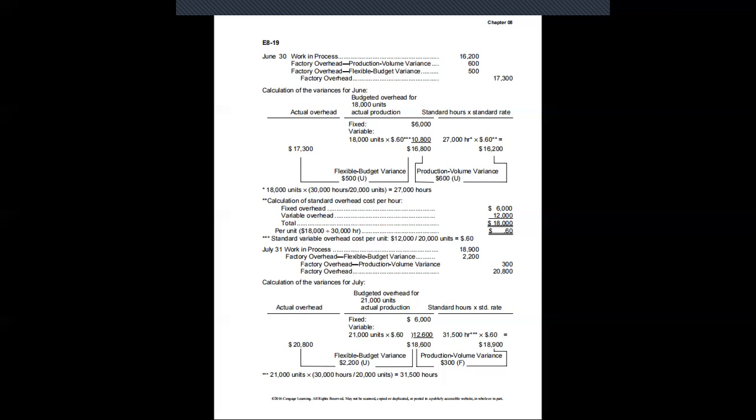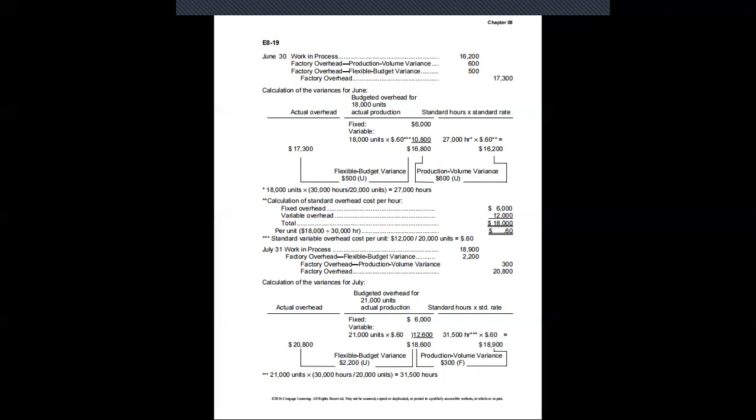The standard variable overhead cost per unit is 12,000 divided by 20,000 units, so we get 60 cents, also as computed above.